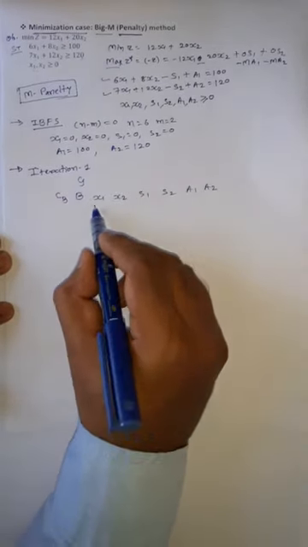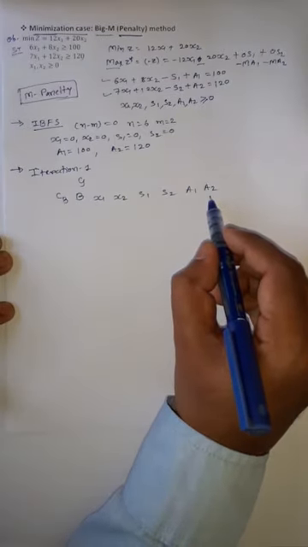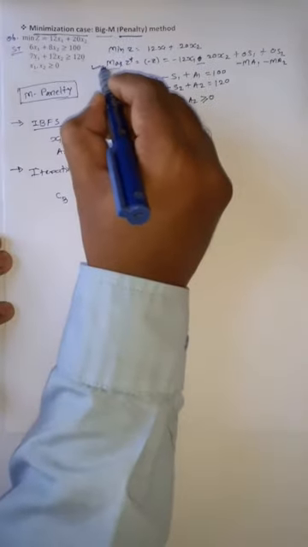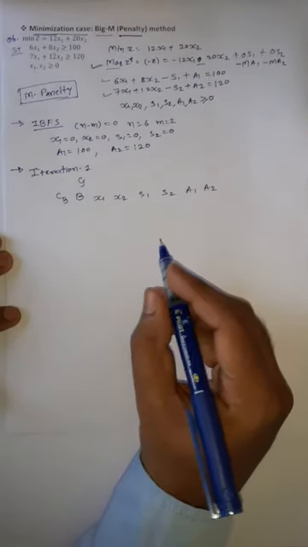Cj value is the coefficient of all these variables in the objective function, but keep in mind our objective function here is a maximization of z, not the previous one which was a minimization case.